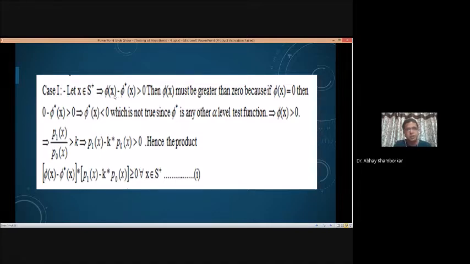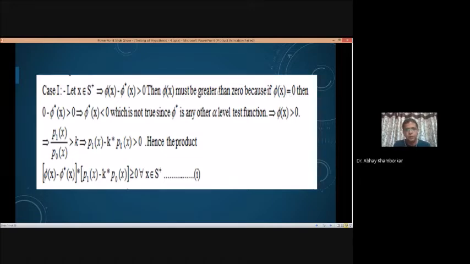Now when I say that phi of x minus phi star of x greater than 0, then phi of x must be greater than 0 because possible values of phi of x are 0 up to 1, of course. So out of that, phi of x equal to 0 is ruled out.